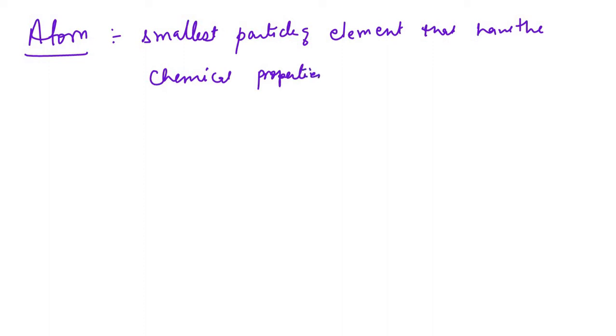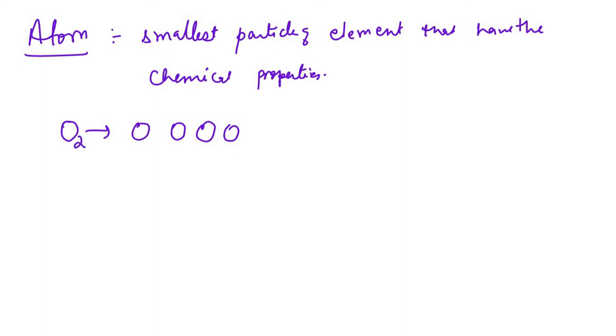So let's take an example. If I'm talking about the element oxygen, it is made of oxygen atoms only. All the oxygen atoms combine and form the element oxygen. Now sometimes you will find that some elements are present as monoatomic, some are present as molecules, which we are going to talk about. For example, oxygen is present in oxygen molecules.